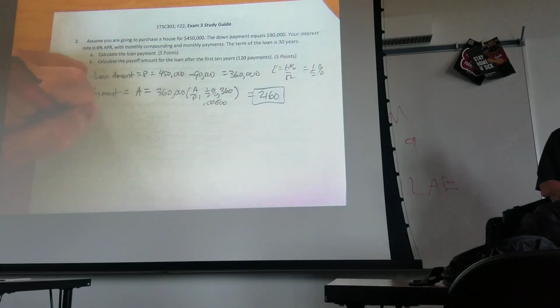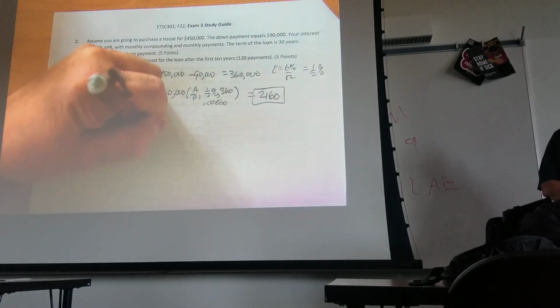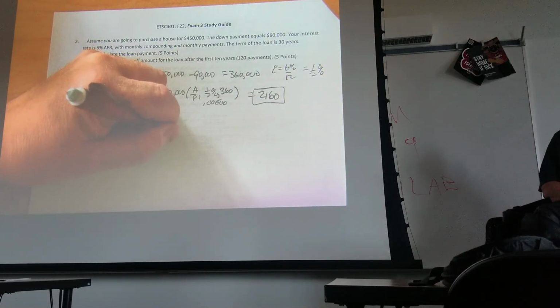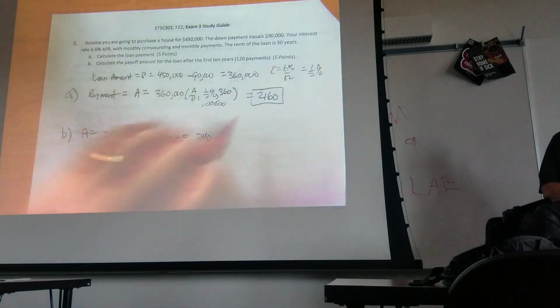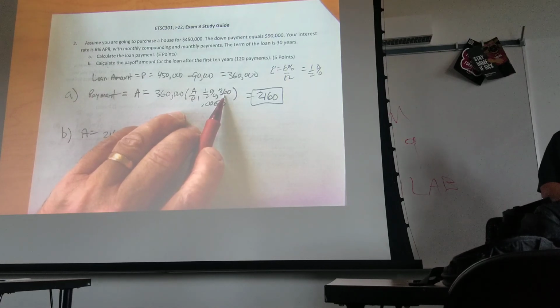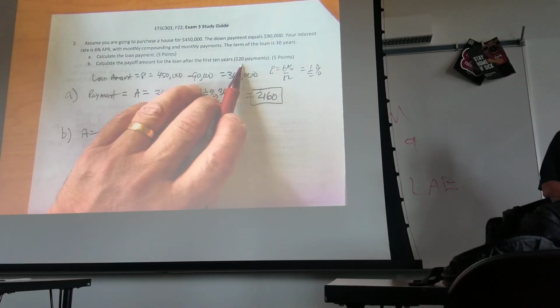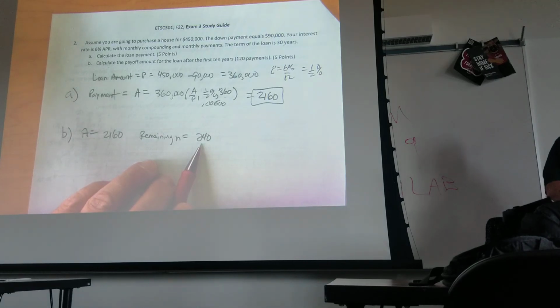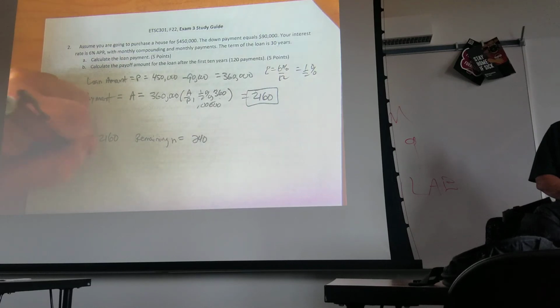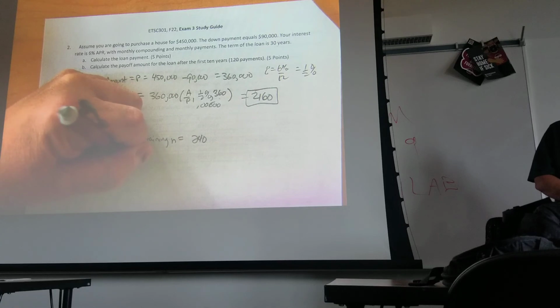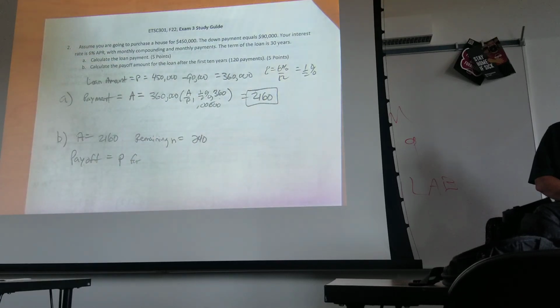Okay, so A equals 2160, which we just solved. Remaining N equals 240, because it's a 360-month loan, we've already paid the first 120. So there's 240 more to go. Okay, so payoff equals P for the remaining payments.